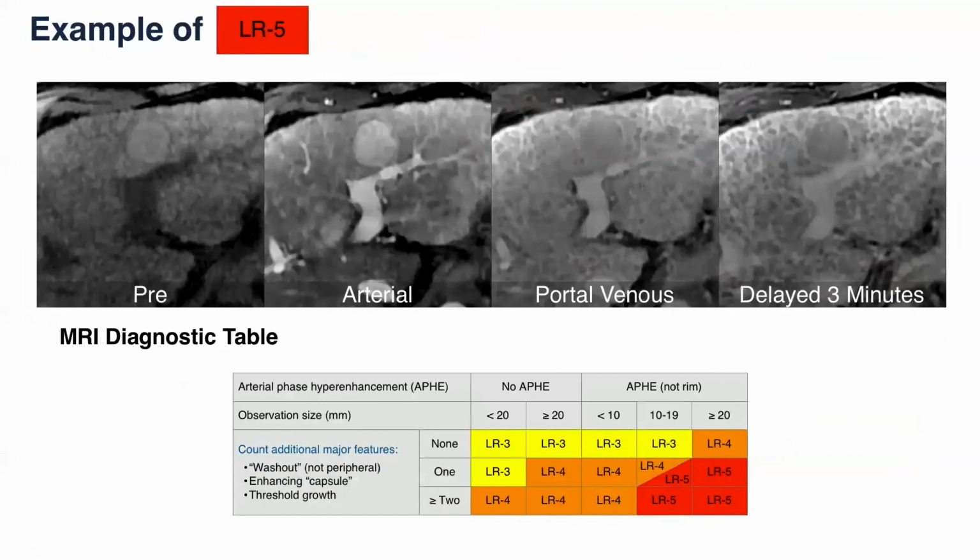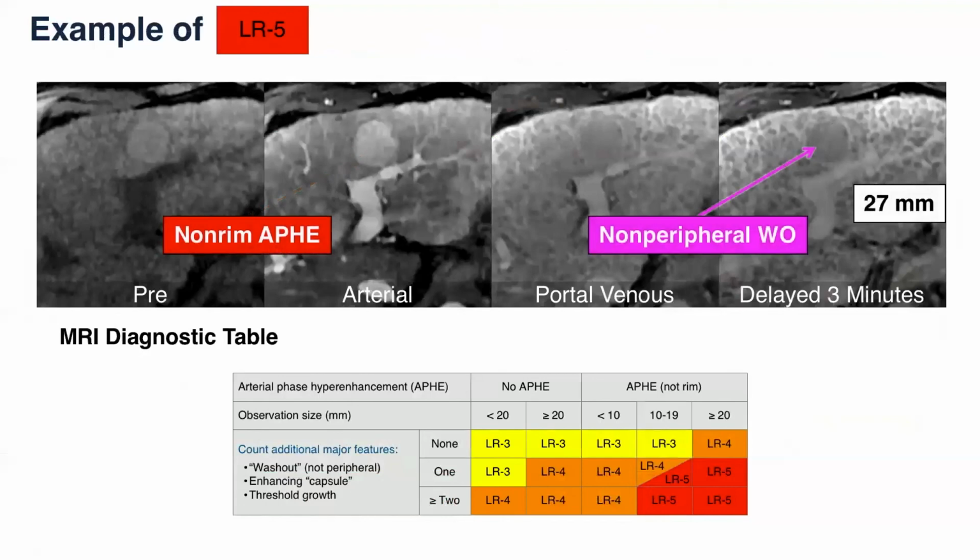Let's look at this example over here. This patient has an observation. How big is this observation? This observation, again, is measured not on the arterial phase. We measure on something else. Outer edge to outer edge, this is 27 millimeters. This observation has non-rim APHE.